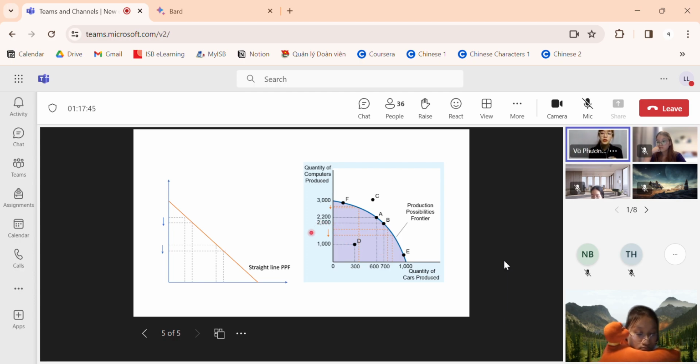First of all, I divide the class into 2 equal parts. 17 students, you guys produce computers. And 18 students, you guys produce cars. It's simply approximately equal. So at first we may be somewhere here.